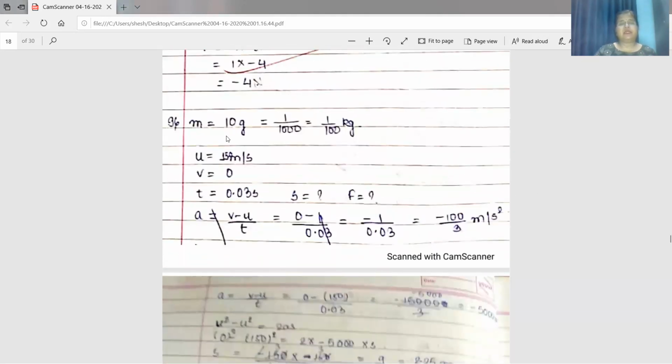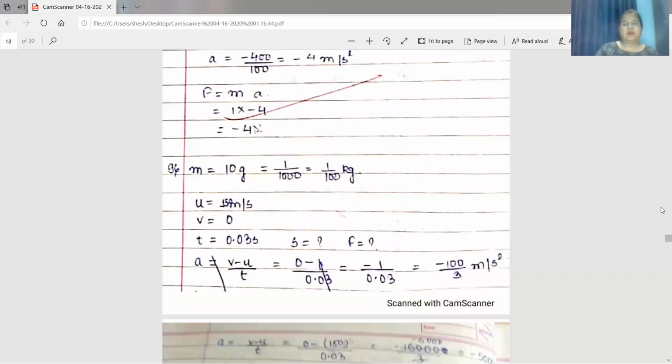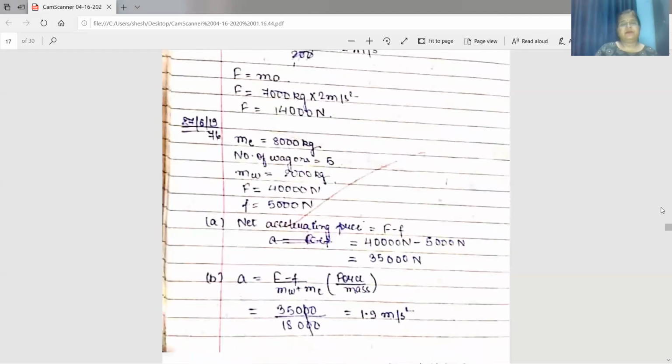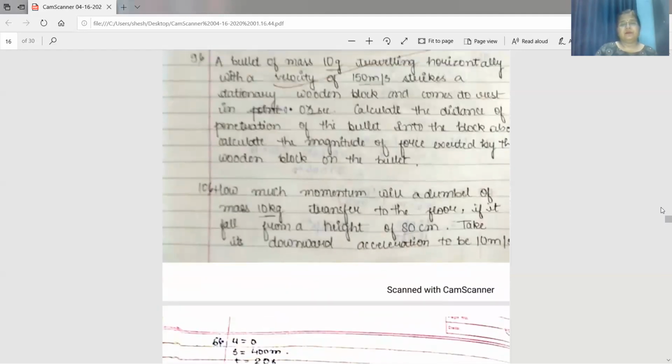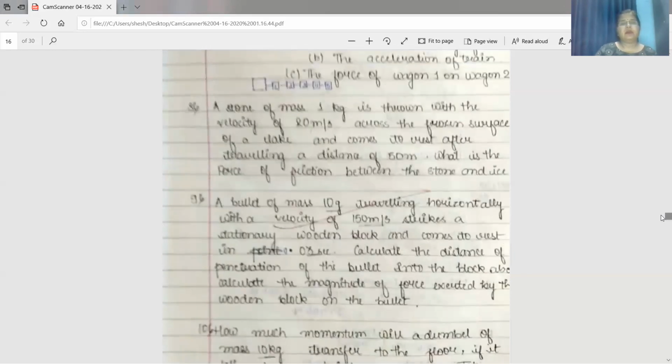Convert it into kg. Divided by 1000. You will get 1 by 100 kg. Right? Then see here. Transfer to the floor. Oh, sorry. Third we have not done.